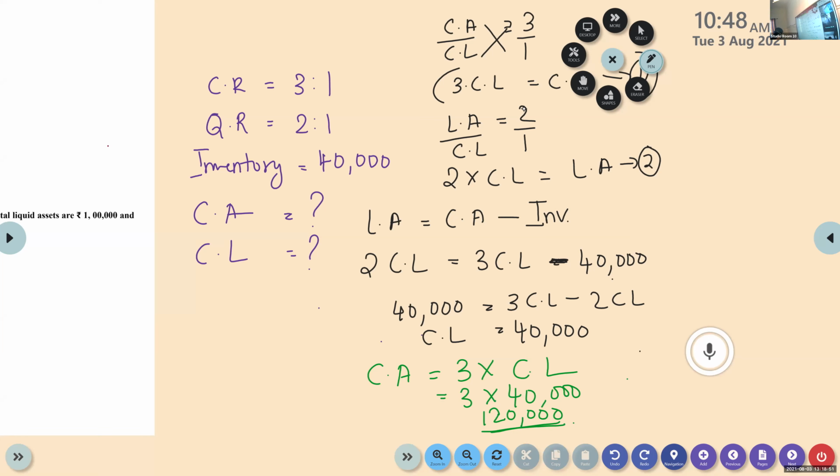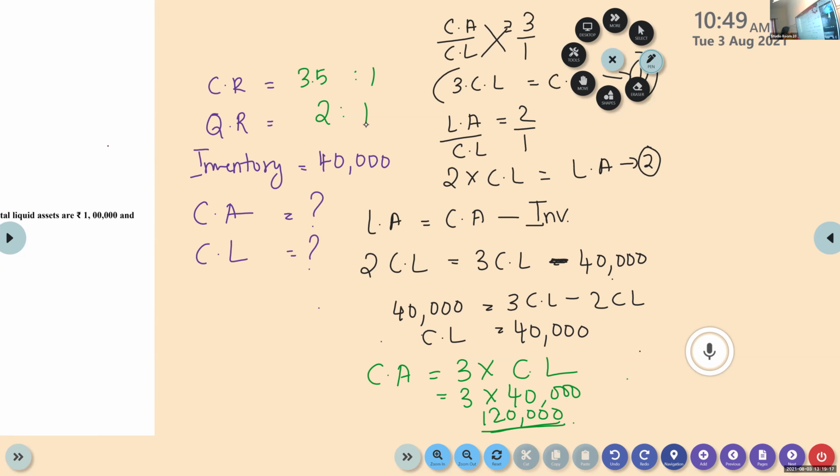Take down. Current ratio is equal to 3.5 is to 1. And quick ratio is equal to 2 is to 1. Inventory is equal to 1,50,000.